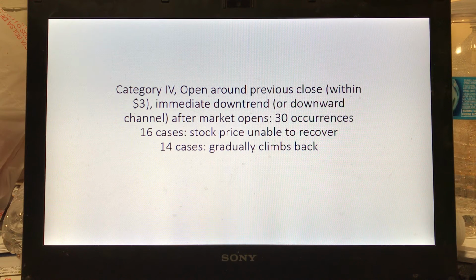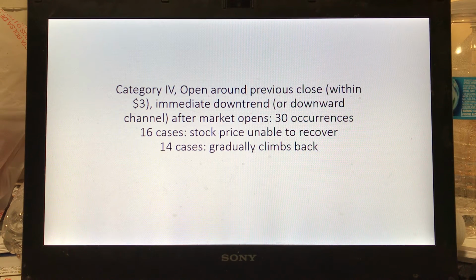The fourth category is that the stock opens around the previous closing price within $3, and you observe an immediate downtrend, or you see a downward channel after the market opens. There is also about a 1/6 probability that this case can happen.